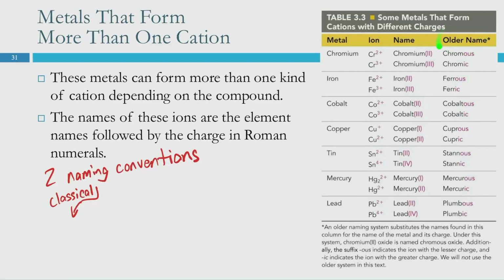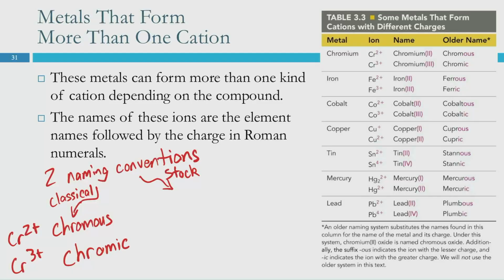and that would be what's called older names up here, so chromous and chromic. And then we've got stock notation, named after, I think, Alfred Stock. So chromous refers to the Cr2+ ion. Cr3+ is chromic under the classical naming convention.